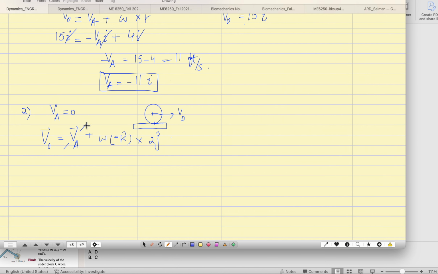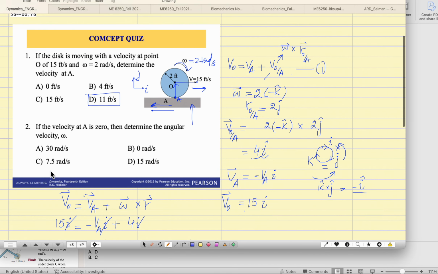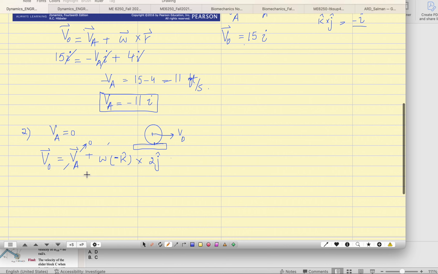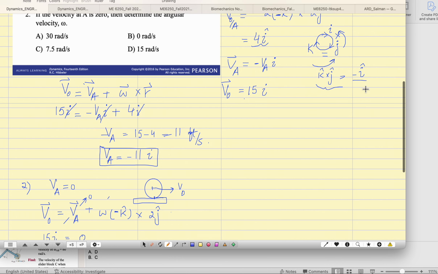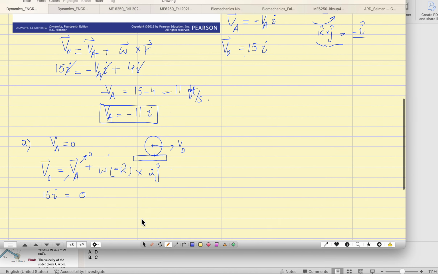In this case, VA is 0. VO is already given in the previous question, which is 15I. So 15I equals 0 plus omega cross R. We already calculated that K times J is negative I, and with the negative sign it becomes positive, so it will be 2 omega I.